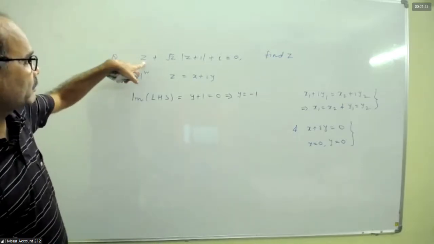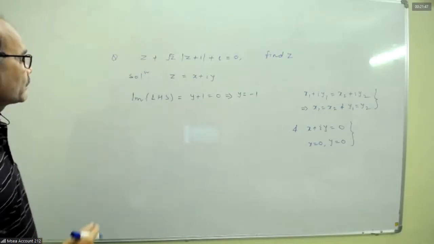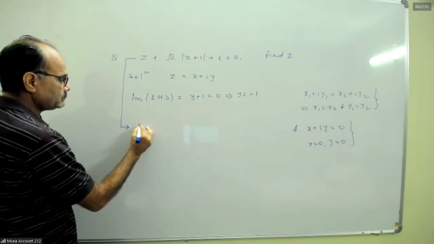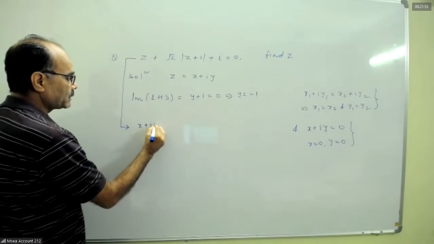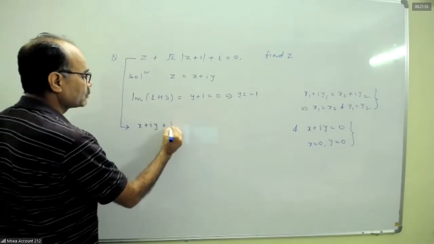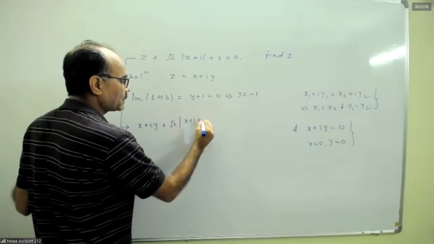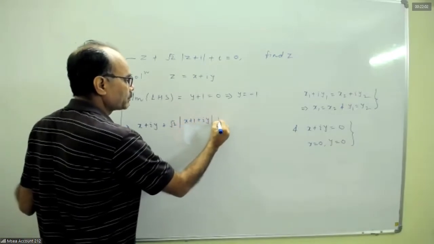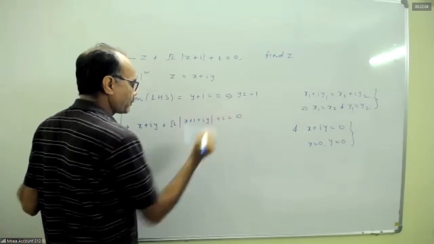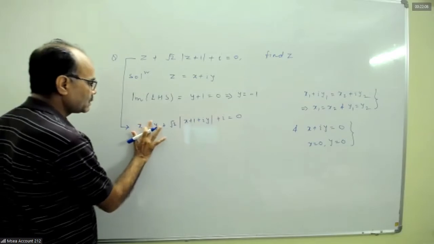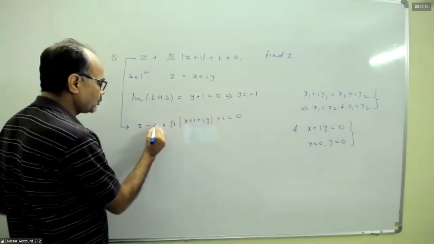Now we can put the value of z here to get the value of x. x plus iy is root 2 times of mod of x plus 1 plus iy plus i equal to 0. y is minus 1.